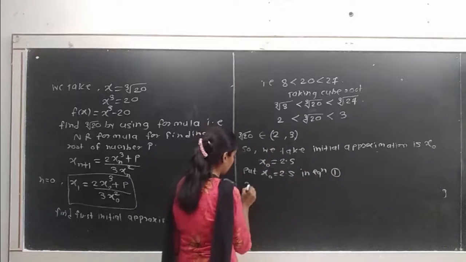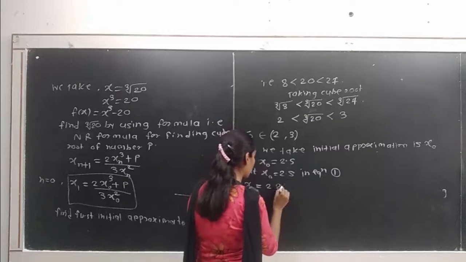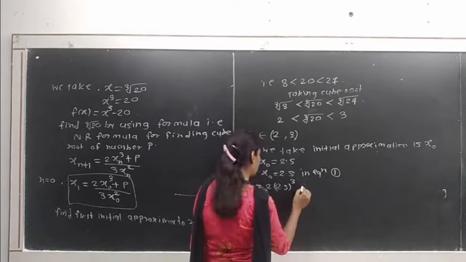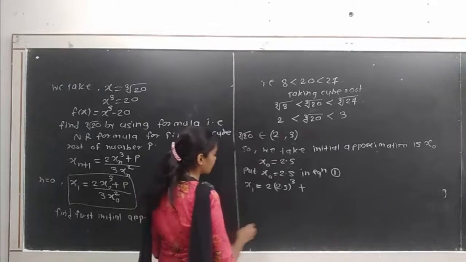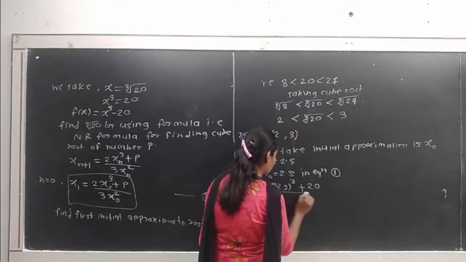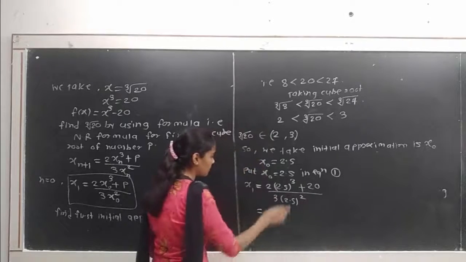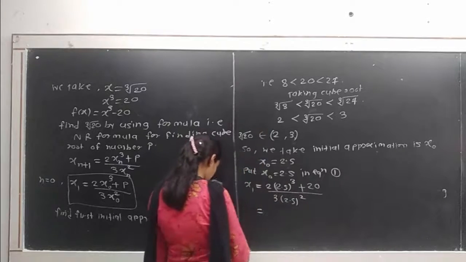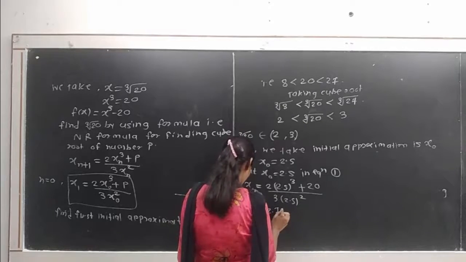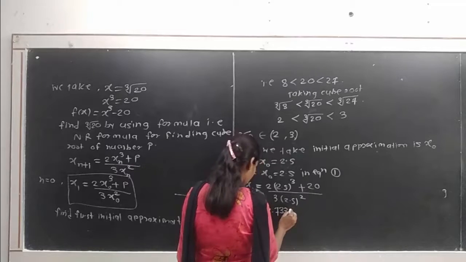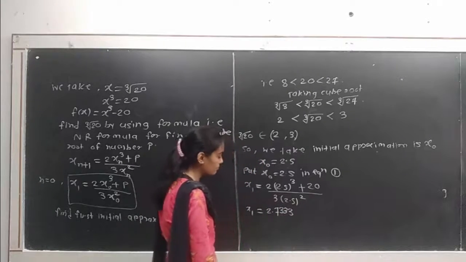We get x1 = (2(2.5)³ + 20) / (3(2.5)²). After this calculation we get the value of x1, the approximate root, equal to 2.7333. We take the answer up to 4 decimal places.